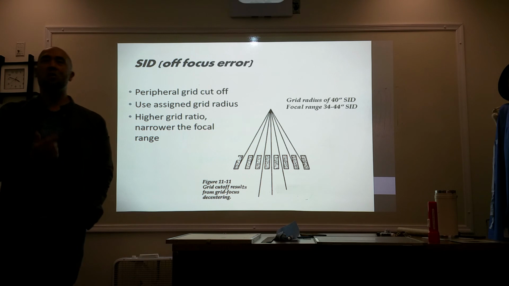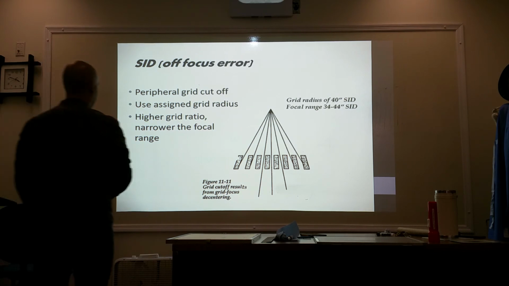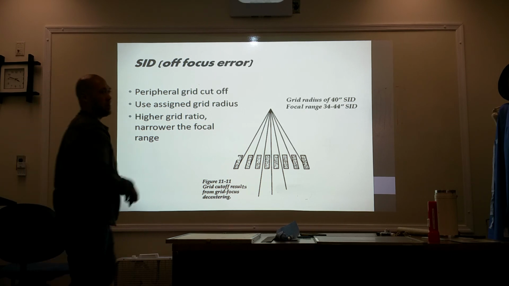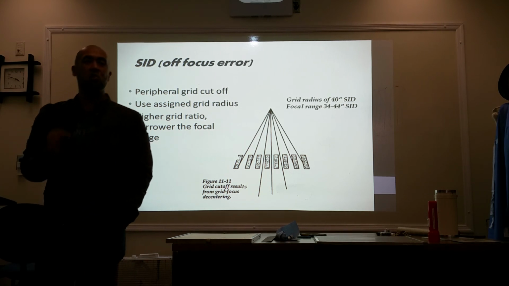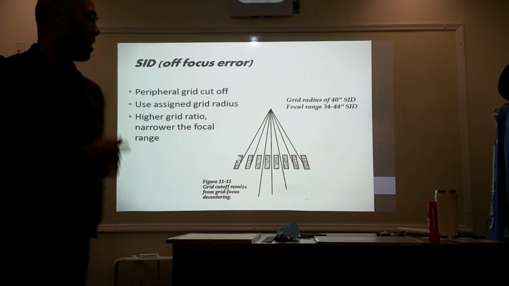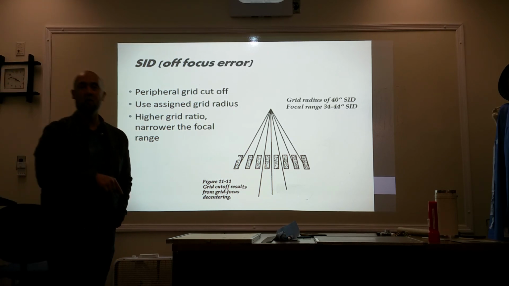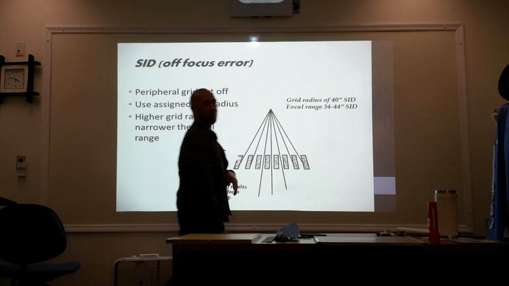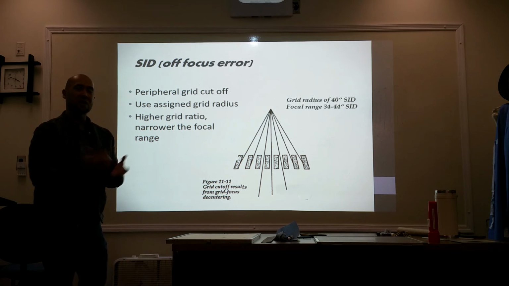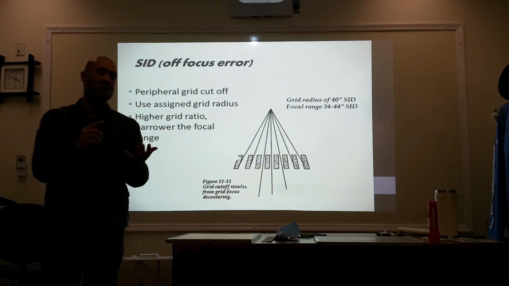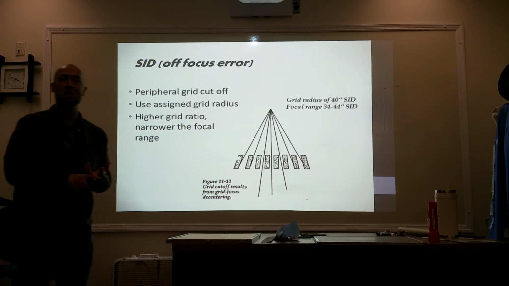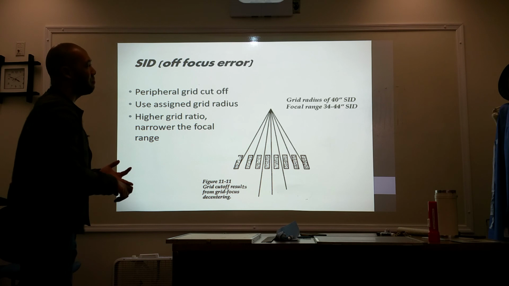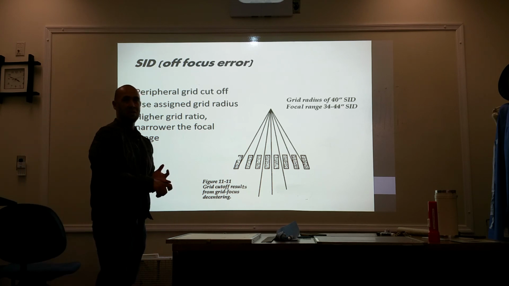Okay, your SID or off focus error. In each of your grids, you are given what is known as a grid radius. This is what the manufacturer says will be optimal for your grid to work, at a distance of 40 inches. Okay? So you're going to use your SID of 40 inches. However, again, you may end up in the ER, OR, ICU, where you're not going to have that type of freedom. You're going to have some limitations. So you may not be able to get your 40 inches.